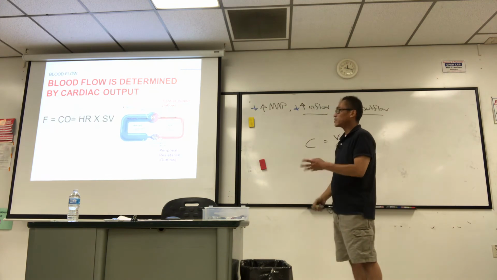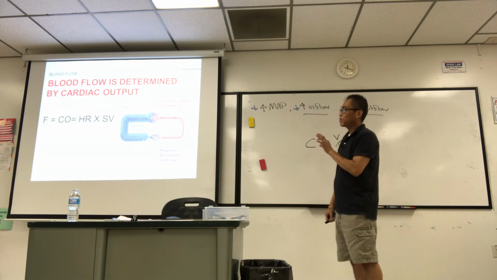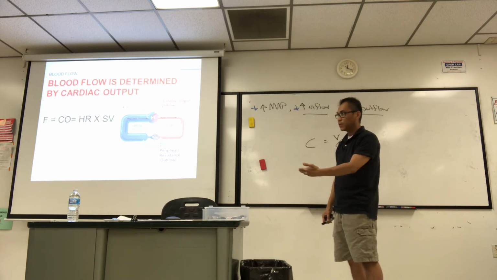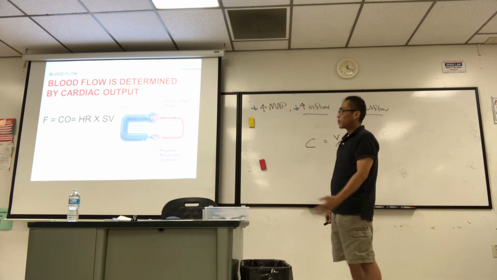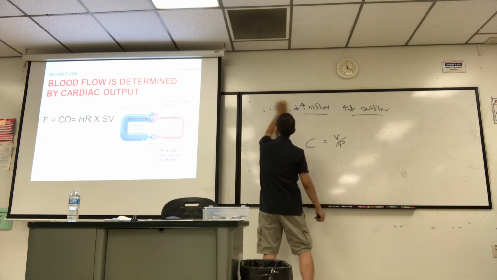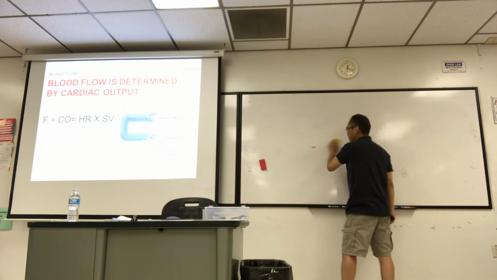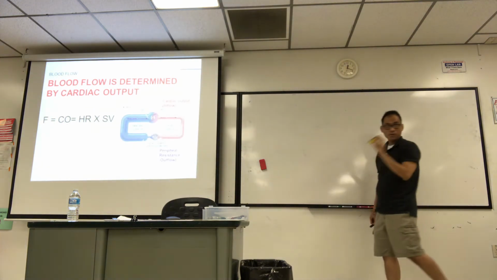So the book talks about, it uses the term flow, like in a physics class when you study the properties of liquids and how they flow. So for us, I could just use cardiac output, because that's establishing the blood flow for the circulatory system.